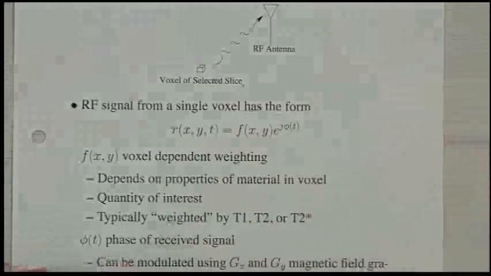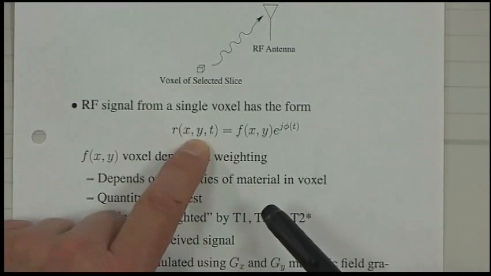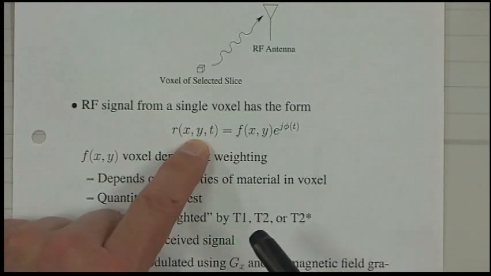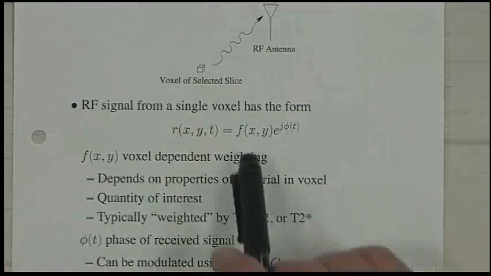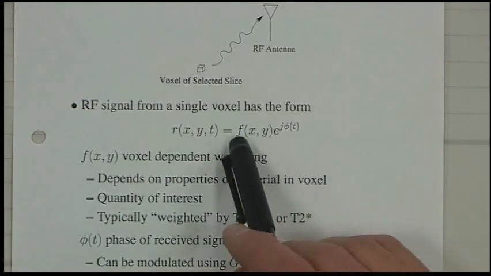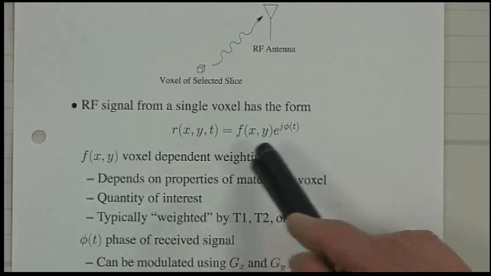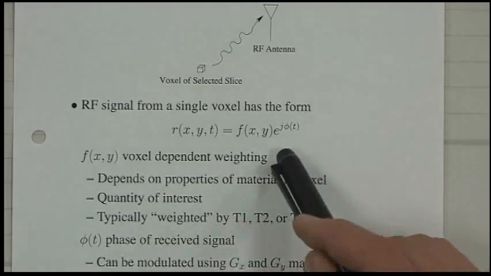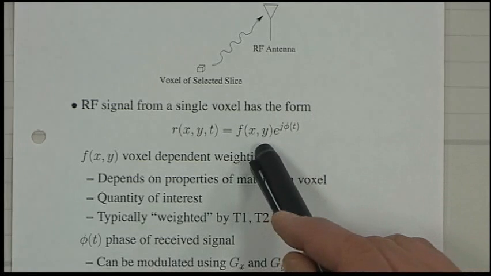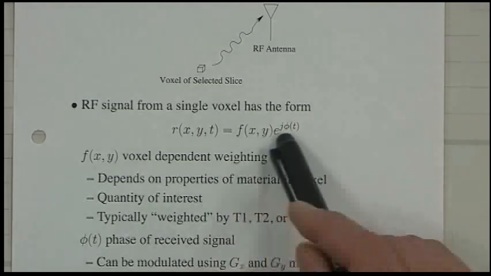Oh, well, we can remove z because we've assumed that we selected a slice, so it's all the same z, okay? Now, there's going to be some function f(x, y). I guess we could have said this was f(x, y) of z, because it's for the particular z. I could have put a z0 in there or whatever. But then the signal we receive will be that times some phase. Now, this is complex notation.